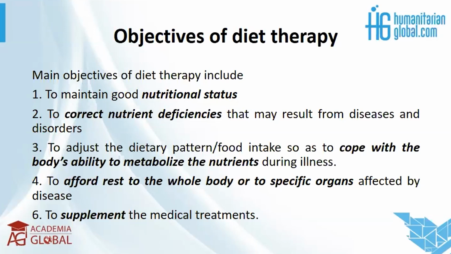I'll just give a simple example. If you do not consume fruits and vegetables, you might suffer from vitamin C deficiency, because that is where we commonly find vitamin C, which is a water-soluble vitamin. The disease or the disorder that is associated with vitamin C deficiency is called scurvy.